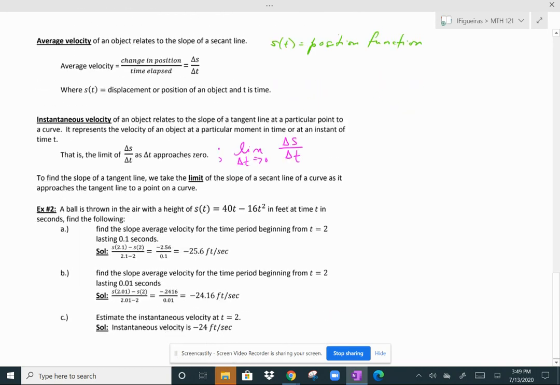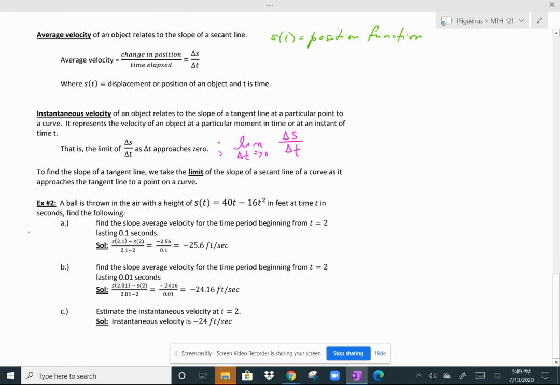So here's an example. We have a ball that is thrown in the air with a height defined to be s of t equal to 40t minus 16t squared in feet at time t in seconds. And in part A, we want to find the average velocity for the time period starting at 2 seconds and lasting 0.1 seconds.